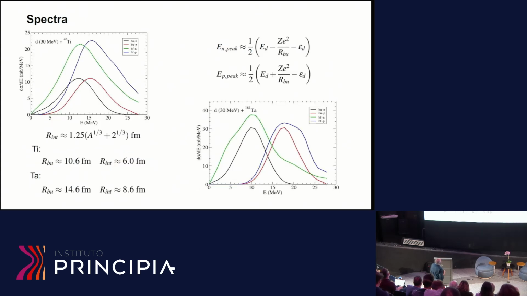Well, just to give you an idea of what happens, these are typical results. 30 MeV deuteron on titanium-48 and tantalum-181. In black, you can see the neutron spectrum from the elastic breakup, and the red is the proton spectrum. These are mirrored.